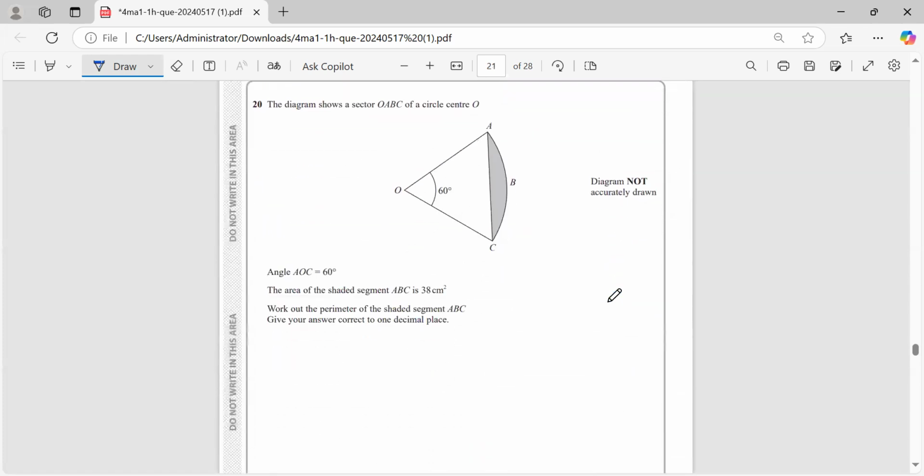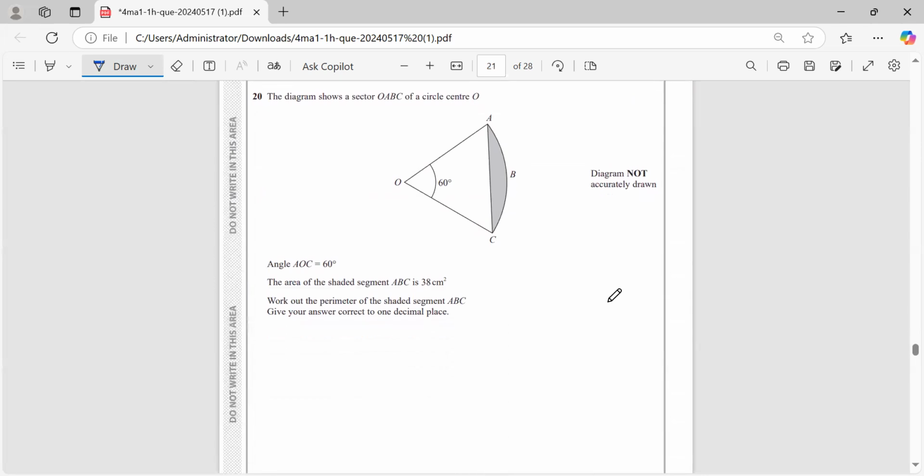Okay. Moving on to question number 20. The diagram shows a sector OABC of a circle center O. Angle AOC is equal to 60 degrees. So this is the angle that they're talking about.